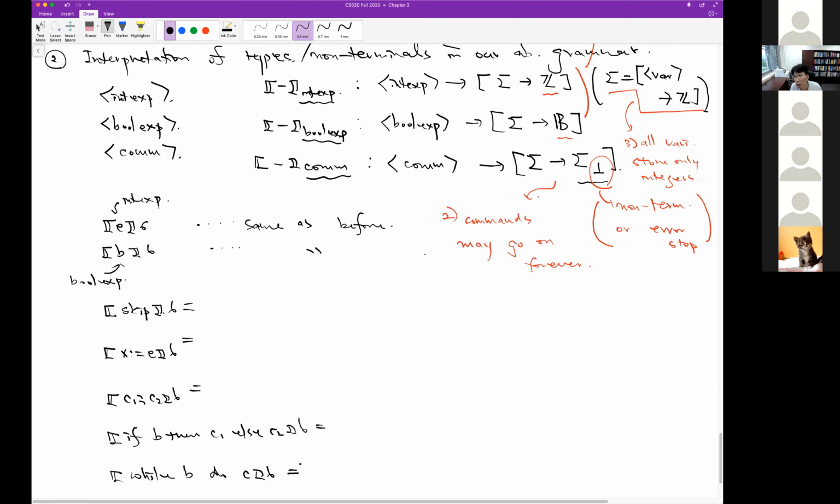I will give you 3 minutes to fill in the details here. What should be returned in all these cases? The target in all these cases should be sigma lifted, sigma bottom, so it can be either a state or bottom. Try to write a definition for all of these cases.